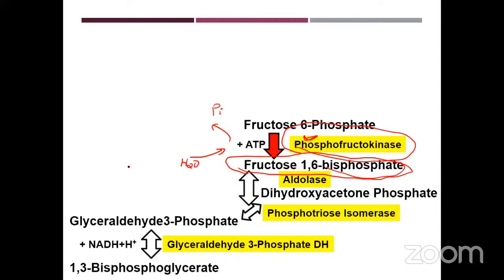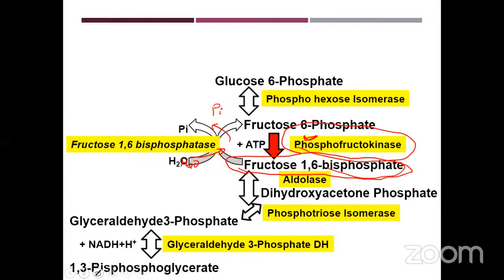So here the enzyme is fructose 1,6-bisphosphatase. It will remove one phosphate from the first carbon so that it forms fructose 6-phosphate.